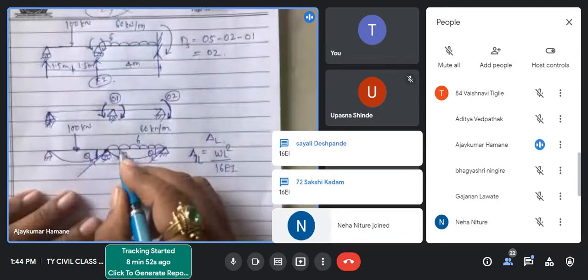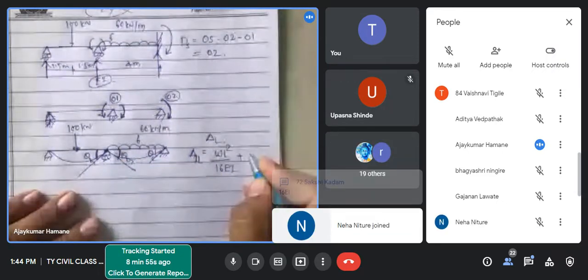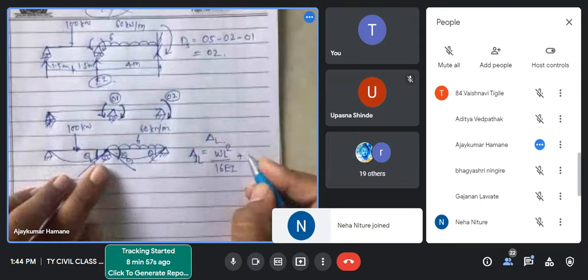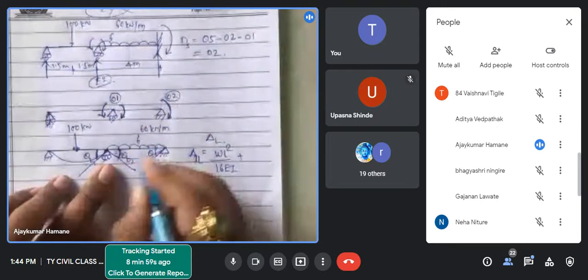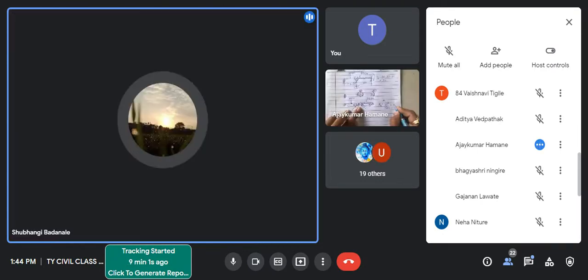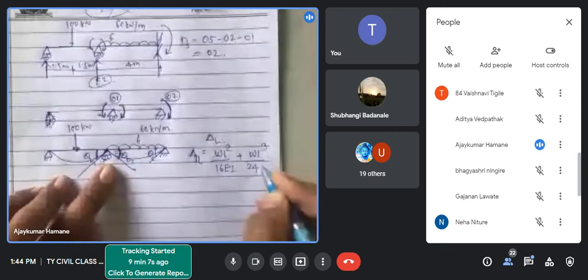And due to the UDL, what is the slope? WL cube divided by 24 EI, correct.